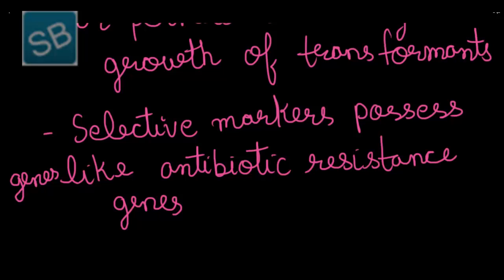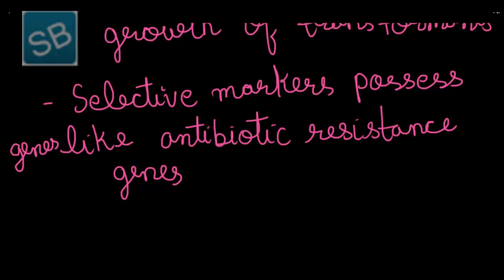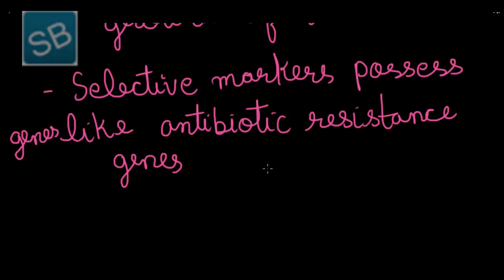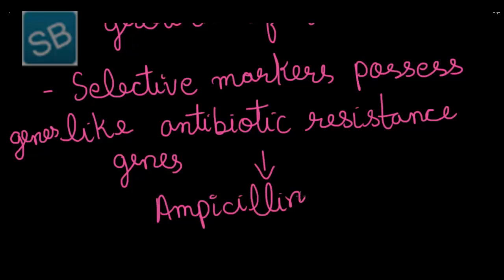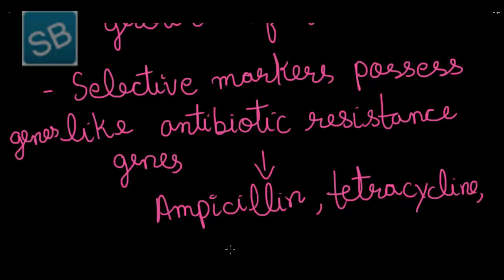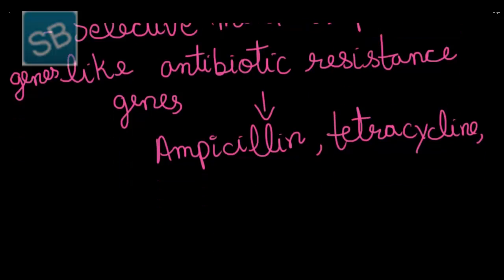Normally the genes in this section include resistance to antibiotics like ampicillin, tetracycline, kanamycin, and chloramphenicol.